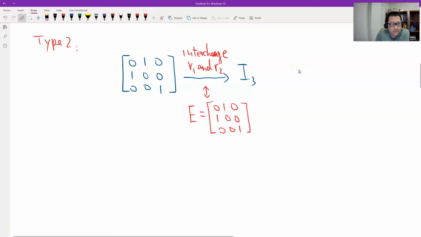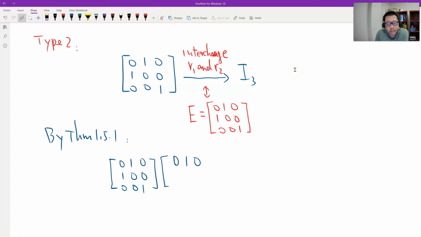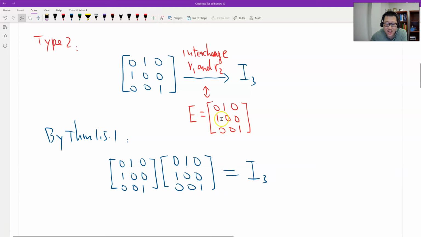By the same Theorem 1.5.1, we have this. Let me write the equation. This matrix is the original, and this matrix is just this E, the elementary matrix.